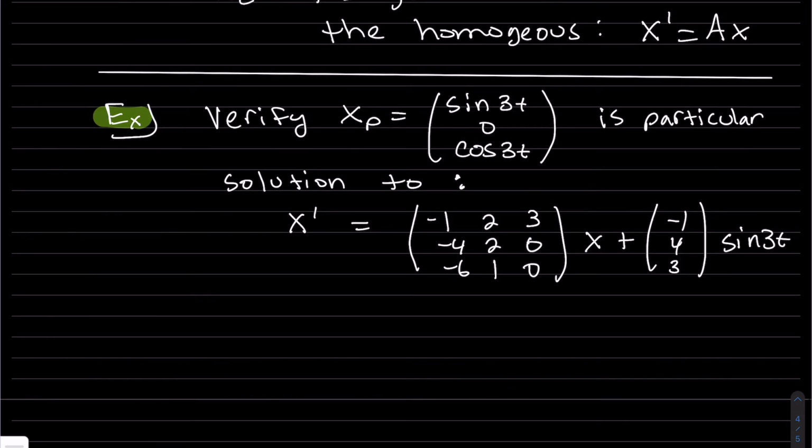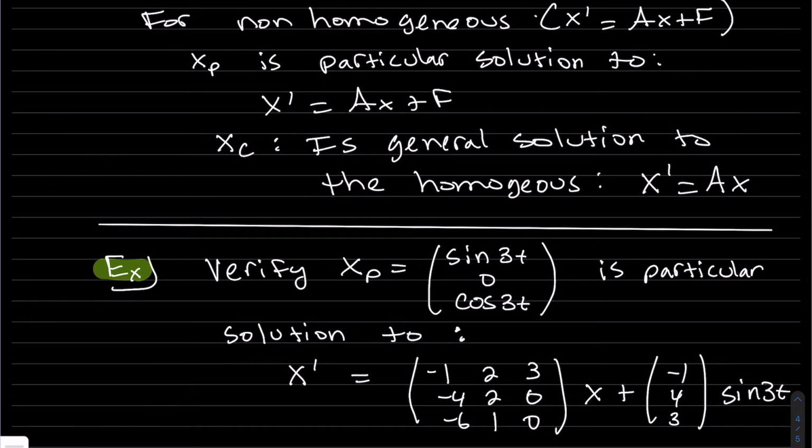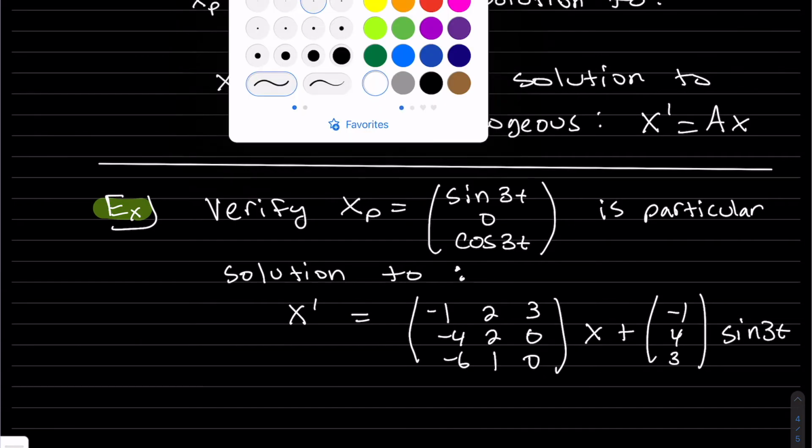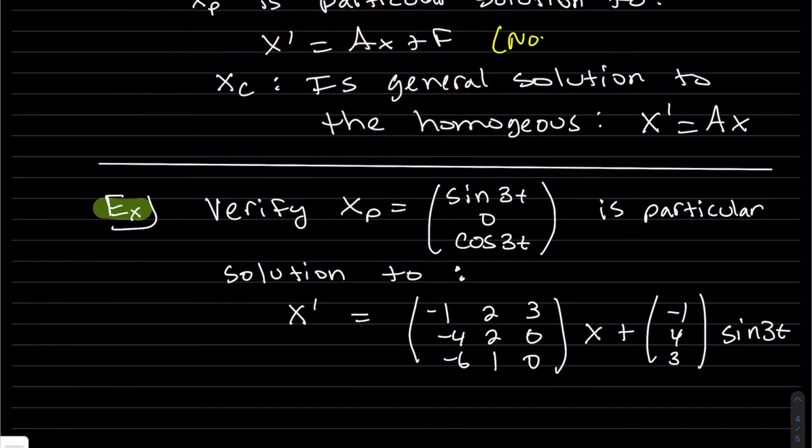So here's our DE. We're going to verify that xp equals this one is a solution to this DE, and this is non-homogeneous. Of course, xp, like we just said, is a particular solution to the non-homogeneous.